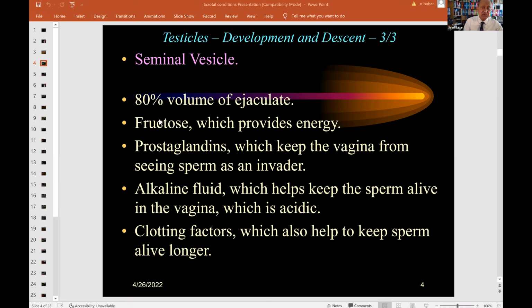It contains fructose, providing energy to the sperm, and prostaglandin, which reduces the immune response of the vagina, which could treat the sperm as an invader, and changes the fluidity from acidic to alkaline, which allows for transport and survival of the sperm. It has clotting factors as well, producing a gel, and this helps the sperm stay alive for a longer period of time.